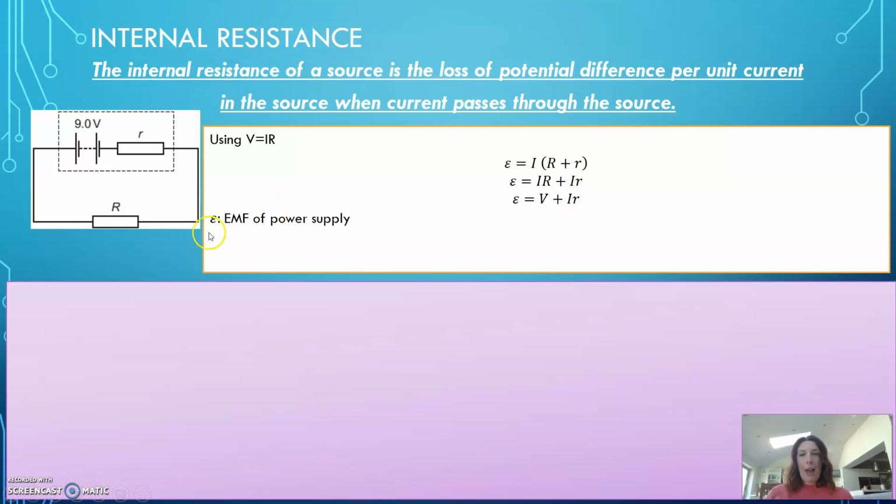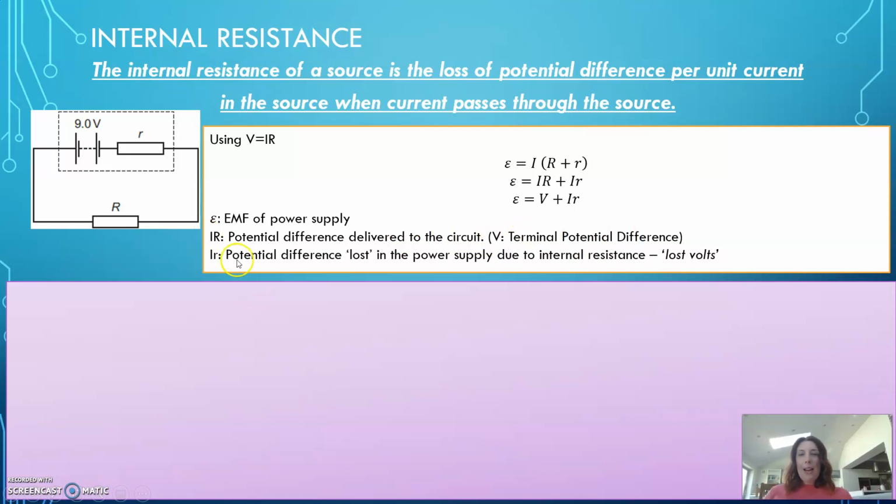That epsilon symbol is EMF, IR is the potential difference delivered to the circuit, sometimes called V, the terminal potential difference. And then you've got I little r, which is the potential difference lost in the power supply due to internal resistance, sometimes referred to as lost volts.